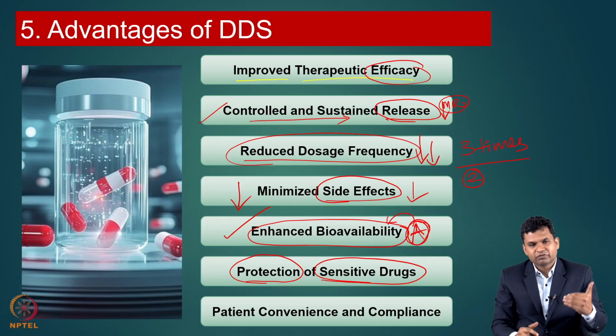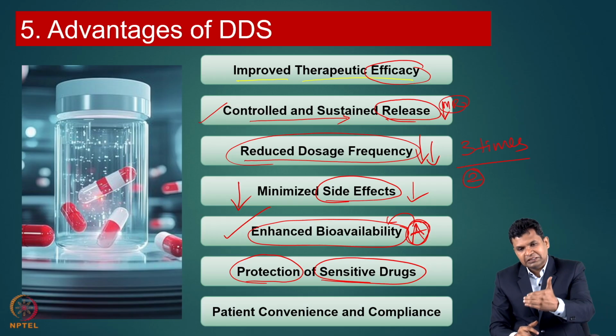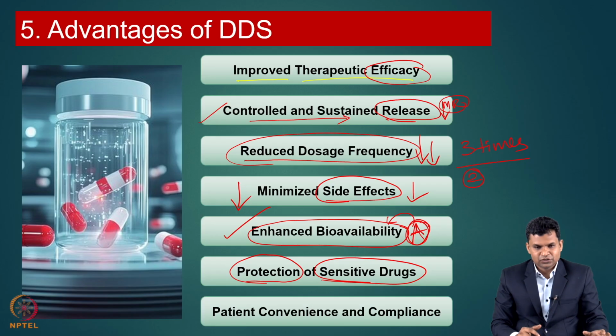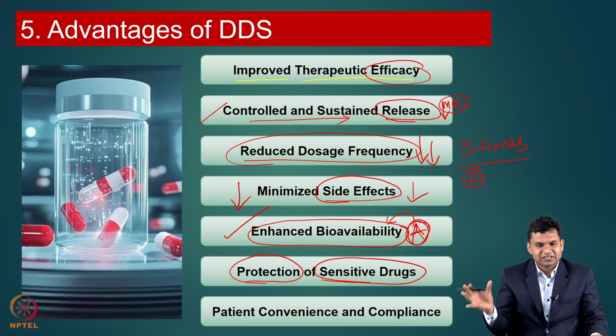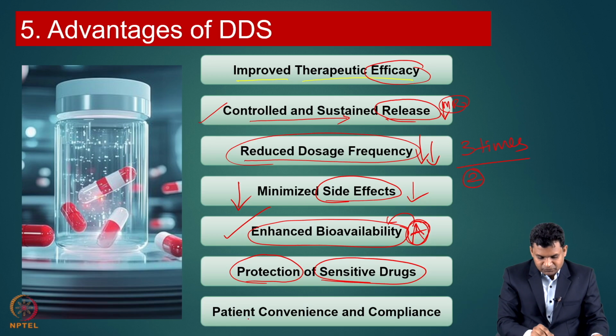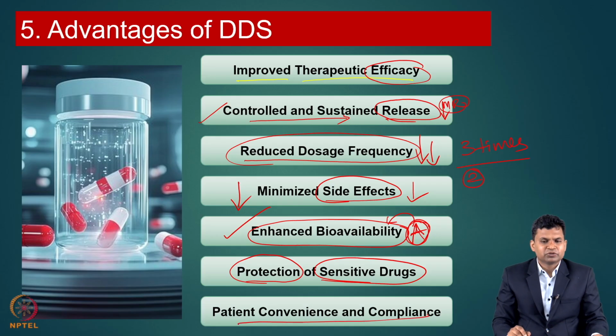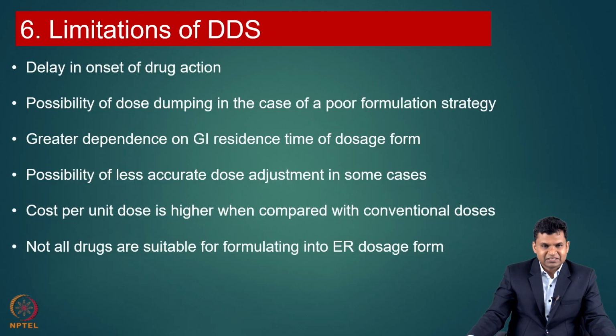We can shift from the stomach pH to the colonic or intestinal pH, so that your drug will not degrade in acidic conditions. So, for that we need to take pH sensitive or intestinal responding polymers. So, with all this we can improve the patient convenience and compliance. These factors are very, very important. So, with these advantages, we need to look at developing new drug delivery systems.